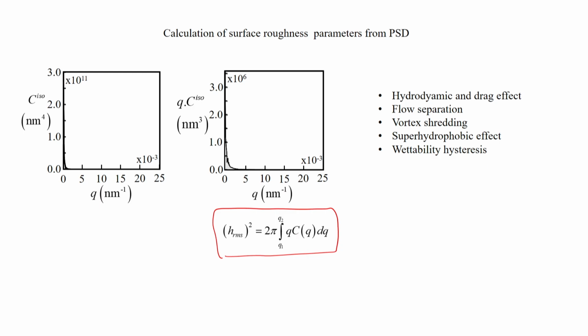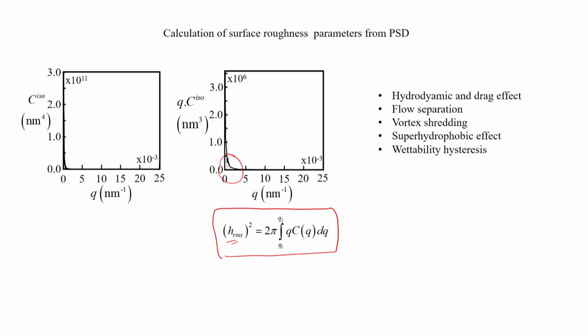So, q1 to q2 are the two limiting values of q, and this h RMS square, as you can see, becomes more prominent at the smaller value of q. So, that means the large wavelength features. So, this h RMS contains the information of large wavelength features, and that becomes important for certain phenomena.